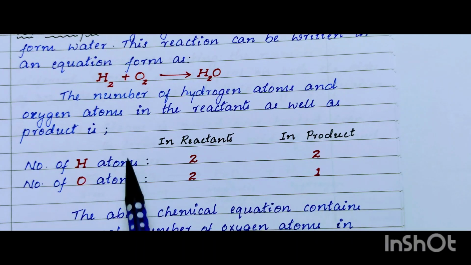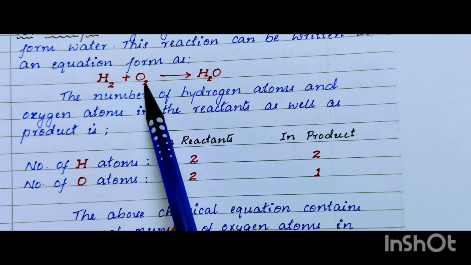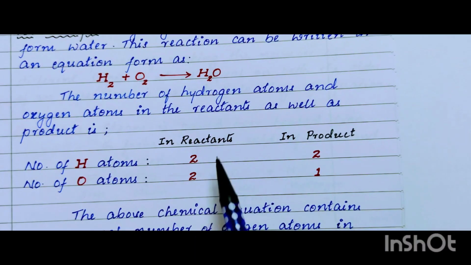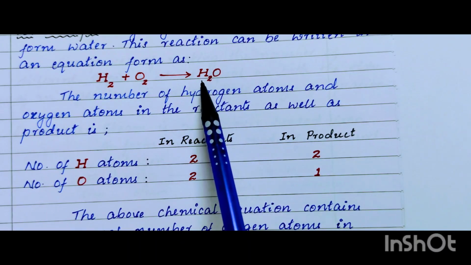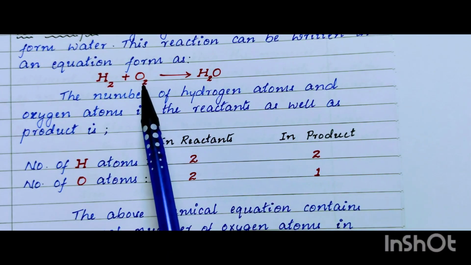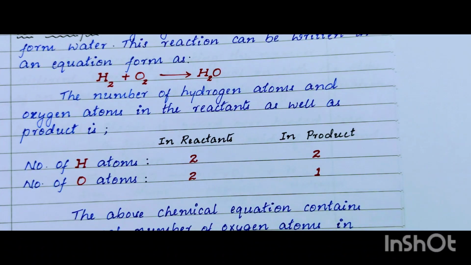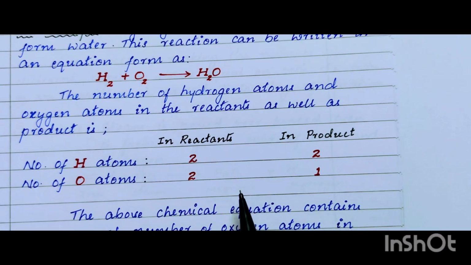Number of oxygen atoms: we have written O2, that means 2 oxygen atoms are present in the reactant side. In the product side, just only one oxygen atom is present.